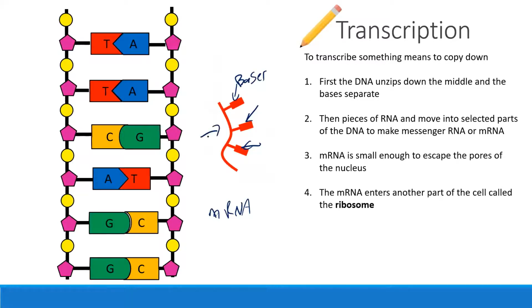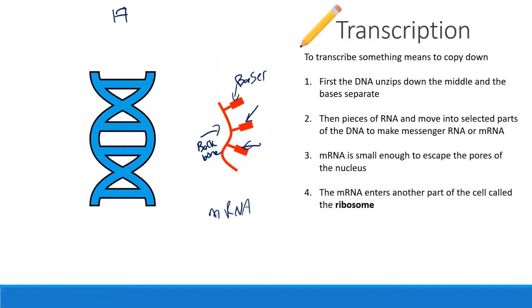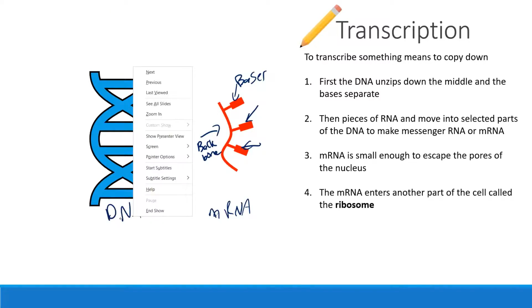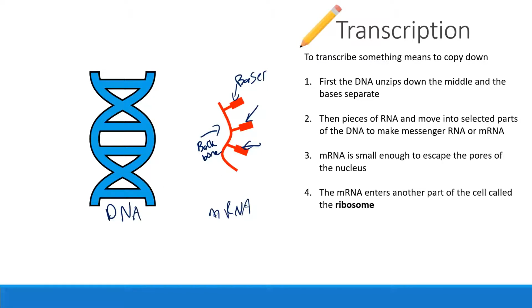And this here, this is the backbone. Instead of this big long ladder, I'm going to replace it with this picture here. But what I might do as well is label that. That's the DNA. This is the mRNA, the copied down RNA.